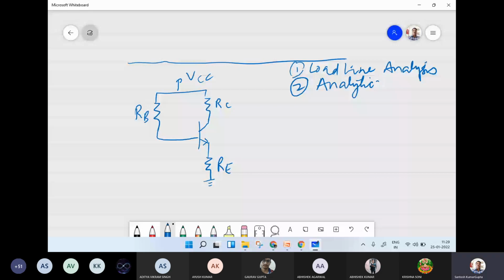Okay, so in the load line analysis, again, we need the characteristics of this particular transistor. So suppose we have the characteristics here for this transistor, then we can also write the KVL for this output loop here, which will give us the load line.